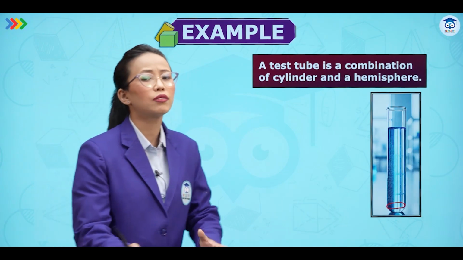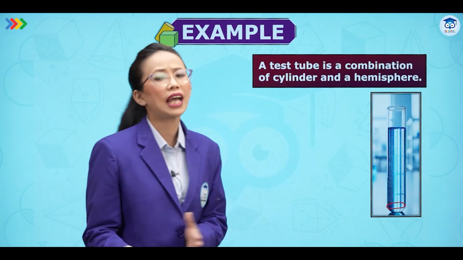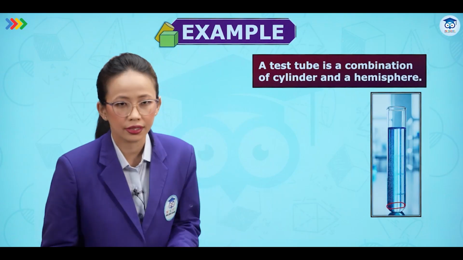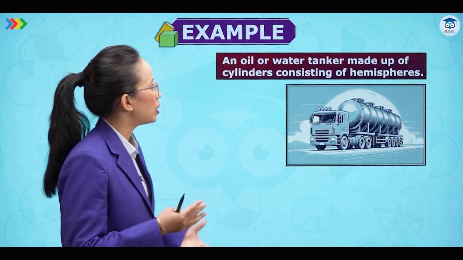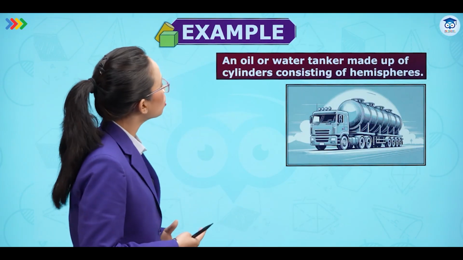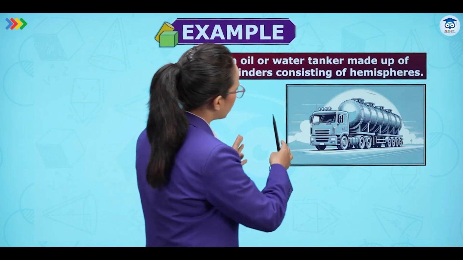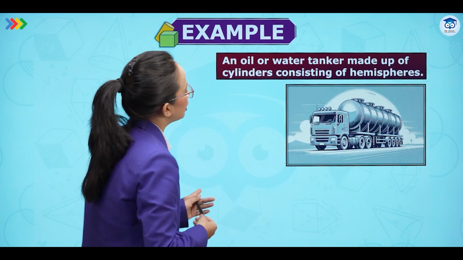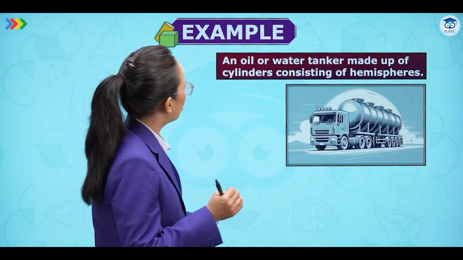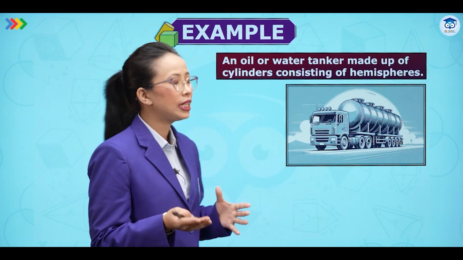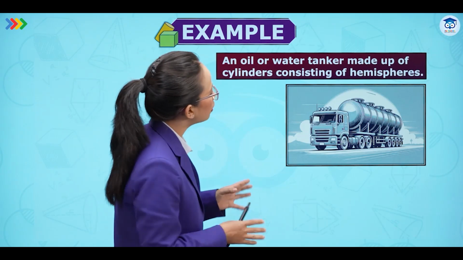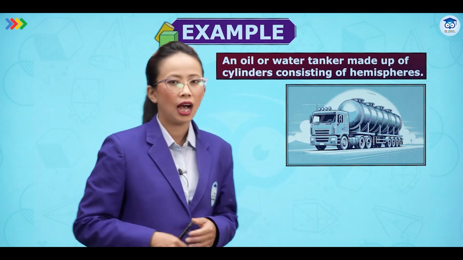So we'll calculate the volume of the hemisphere and the volume of the cylinder and add it. Okay, this is known as the combination. Same for here also. There is an oil or water tanker made up of cylinder and the hemisphere. We are going to calculate the volume of the hemisphere and volume of the cylinder and add it.